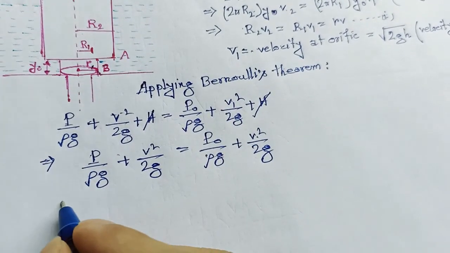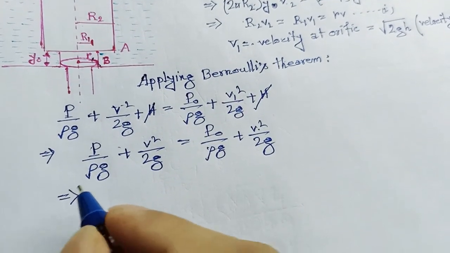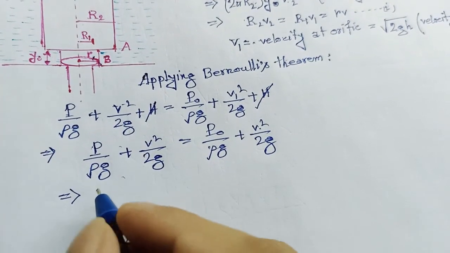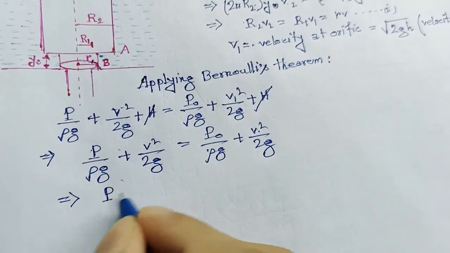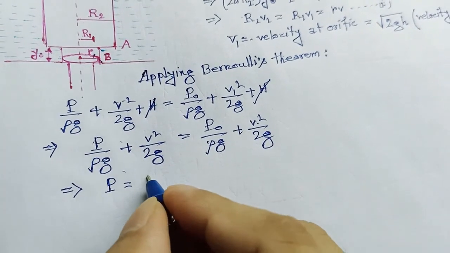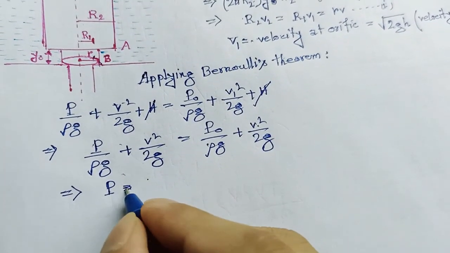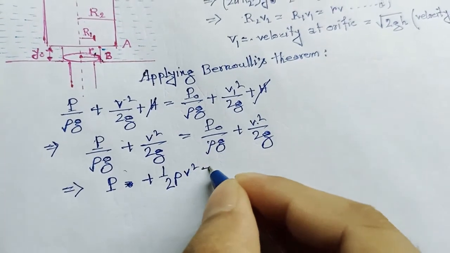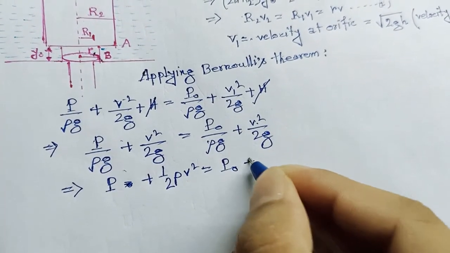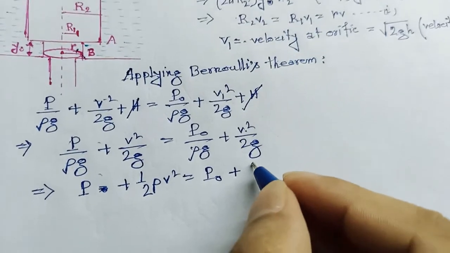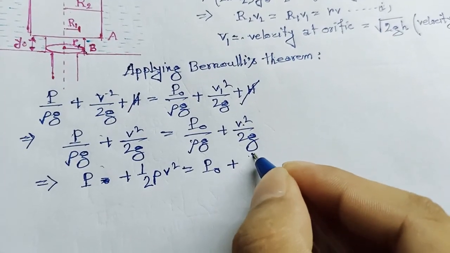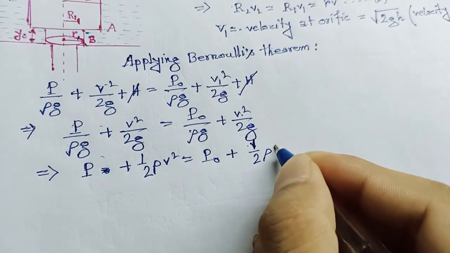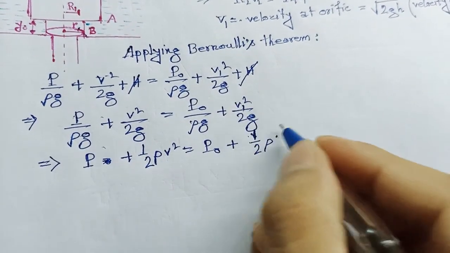Now if we multiply this equation by rho g on both sides, we will get P plus half rho v square will be equal to P naught plus half rho v1 square.